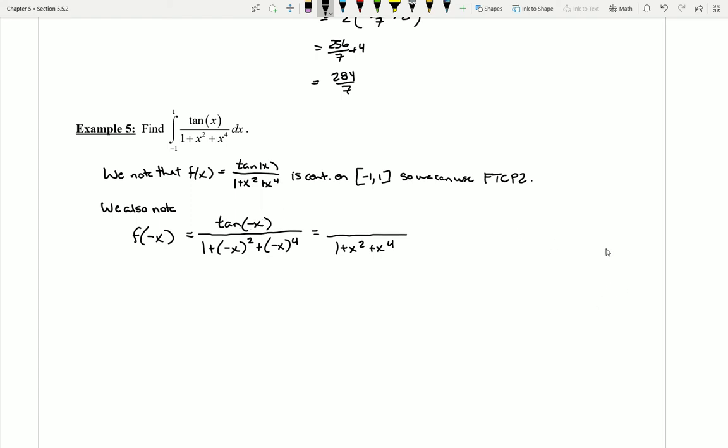Really quickly over here on the side, I'm going to go ahead and just explore what's going to be happening with this. Notice that if I'm working with a tangent of a negative x, I should be able to first see that this is the same as the sine of a negative x over the cosine of a negative x. And what is this equal to?